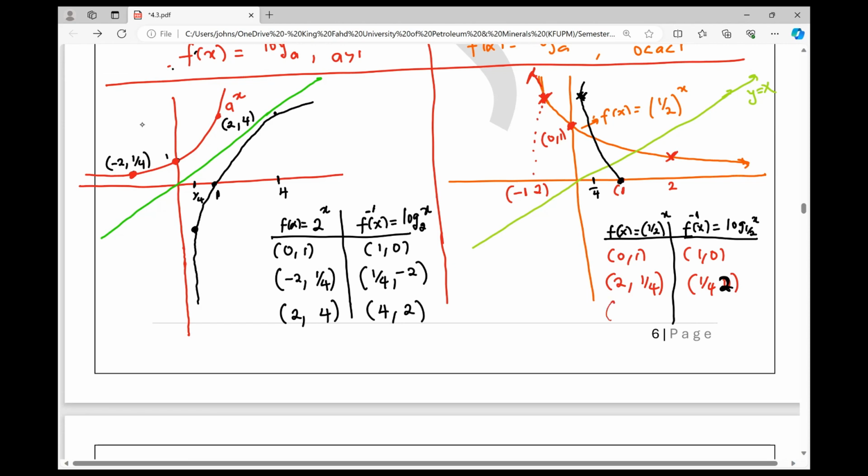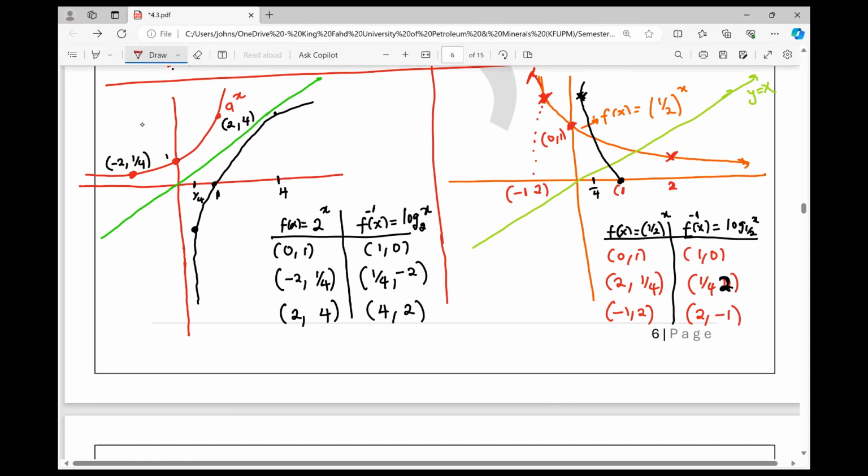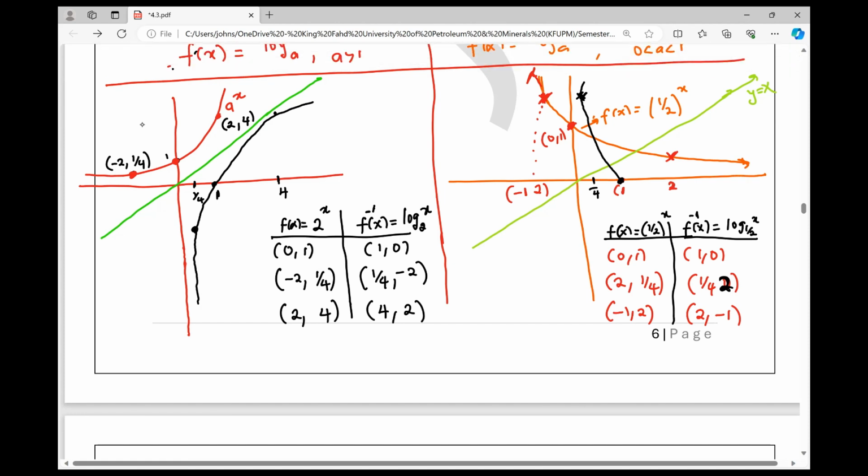So you will see that the point minus 1, 2 will become 2, minus 1. So if this is 2, the value of y is going to be minus 1. So it's going to come down somewhere here.